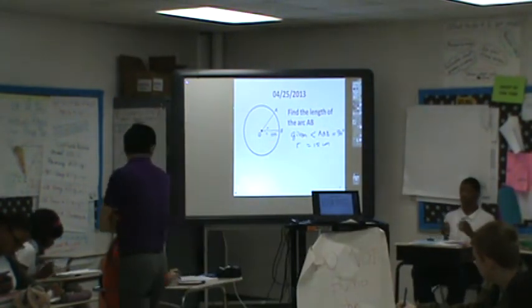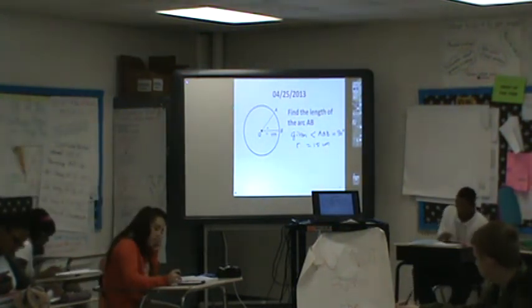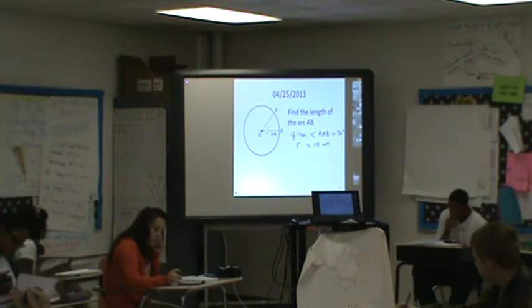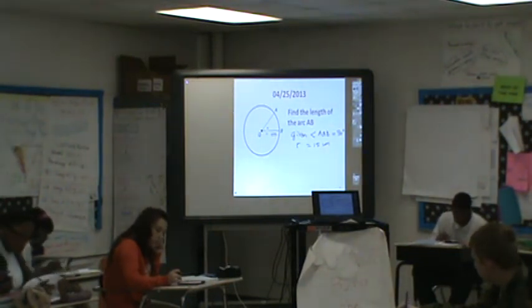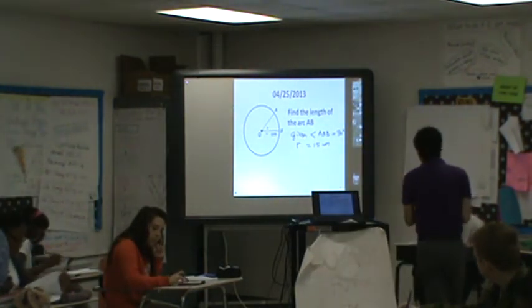So does everybody know what AB is in degrees? 30 degrees. So arc AB is 30 degrees. Why?